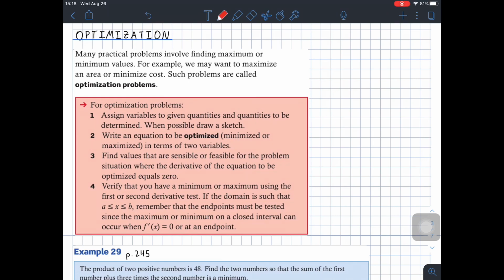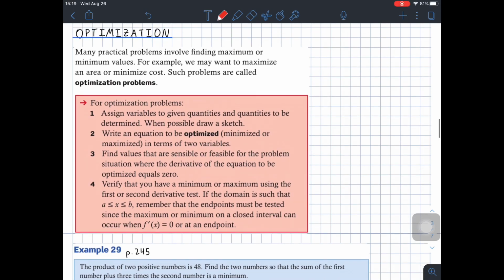And today we're going to see optimization, which is a very important concept because it is widely used in our daily lives, right? In order to maximize profit or to minimize costs or maximize a possible area or whatever, we apply the concept of optimization, okay?